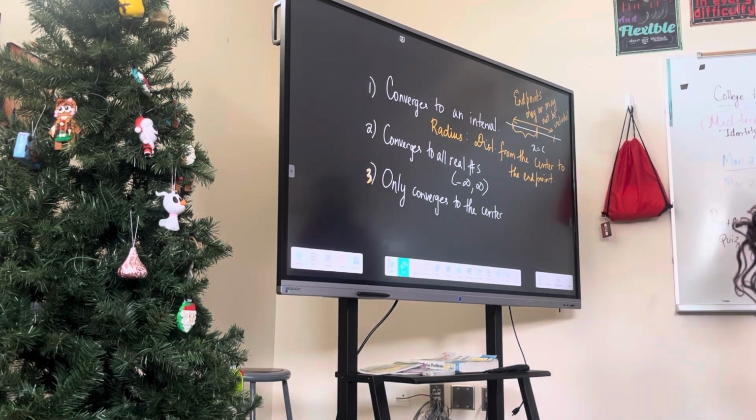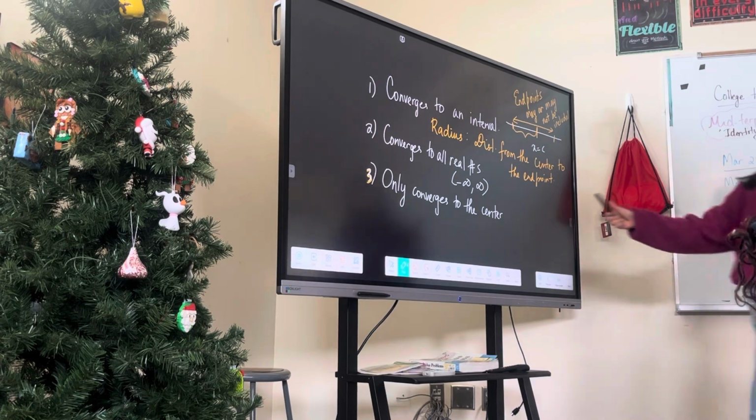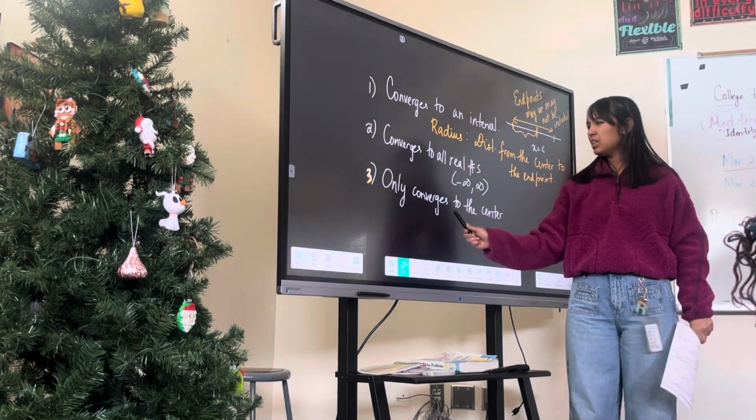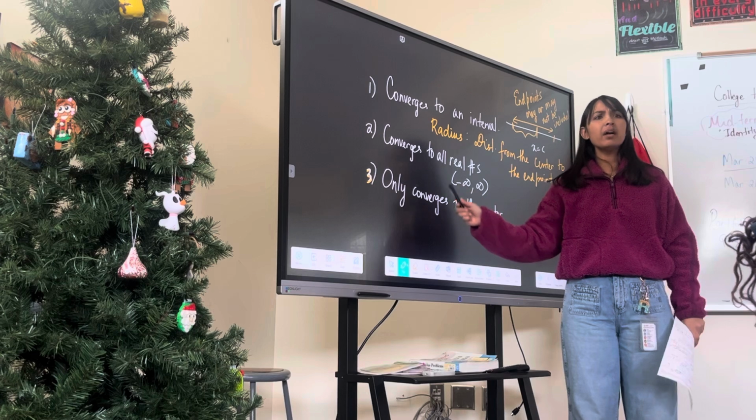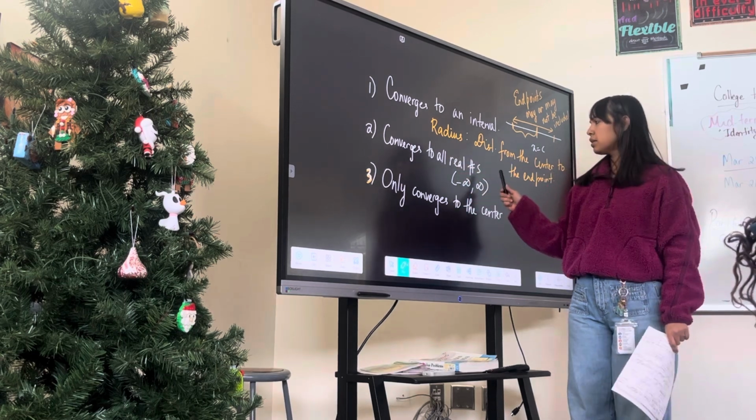Okay, so to find the interval, so these two are actually easy. We don't have to really worry about if it converges to all real numbers.